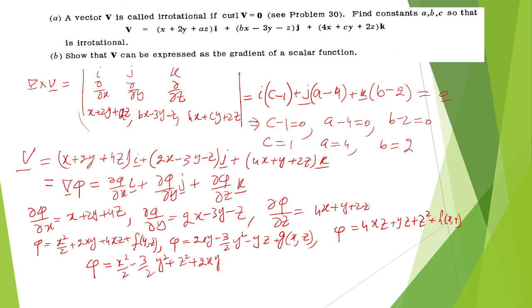So here the coefficient of y is c, c minus 1, so c is 1. So I am writing one of them over here. This is yz and yz.